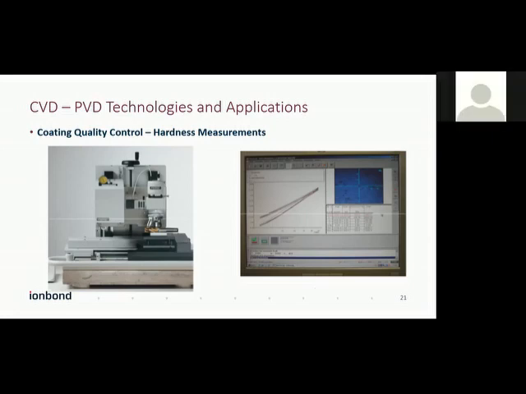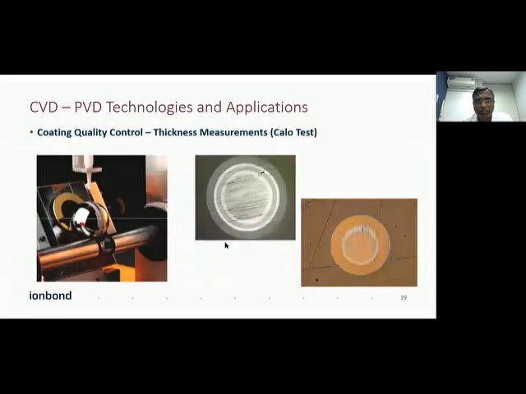Now, if you can elaborate on the Calo test. As I explained earlier, the Calo test is a destructive test.